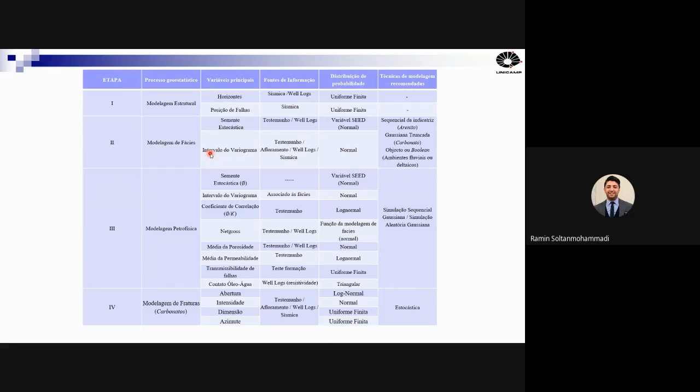Yes, the dual porosity mainly affects the permeability because we work with the fracture.